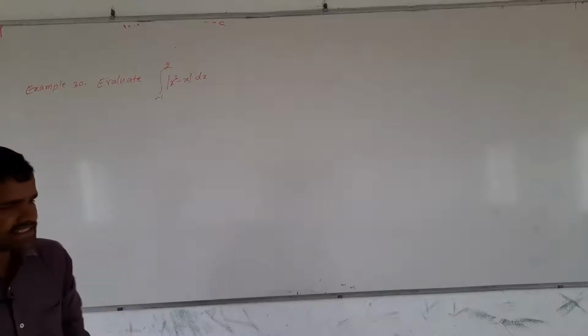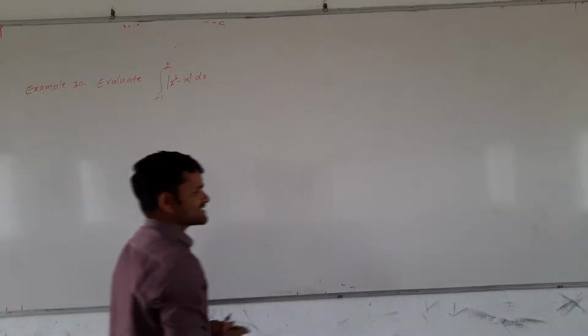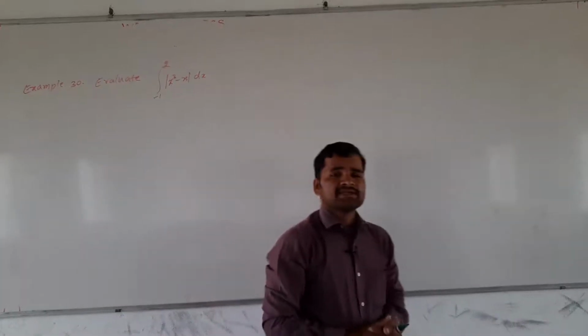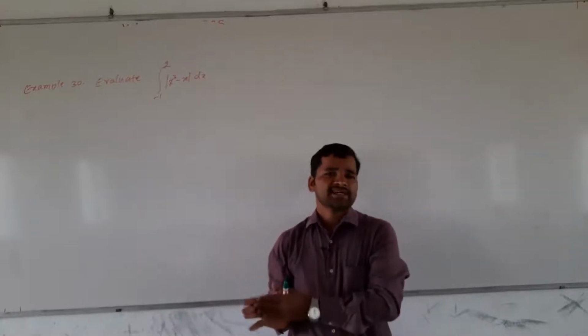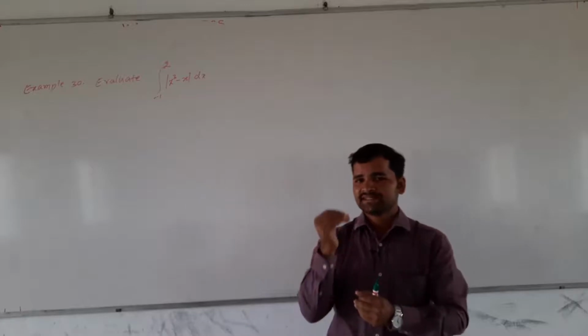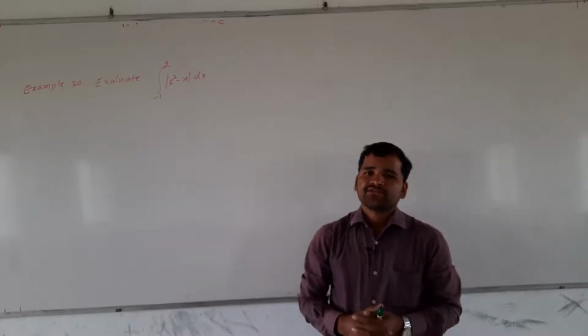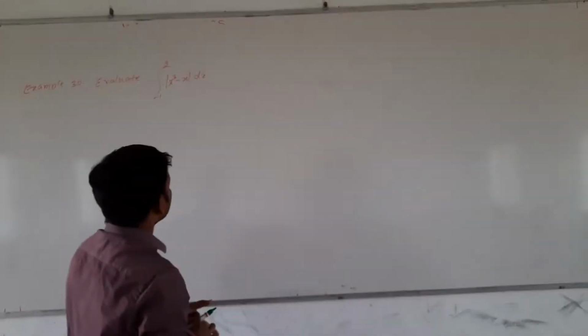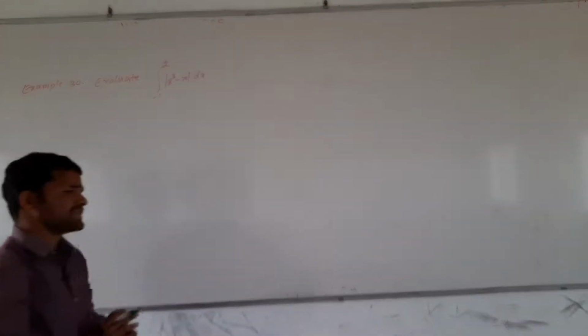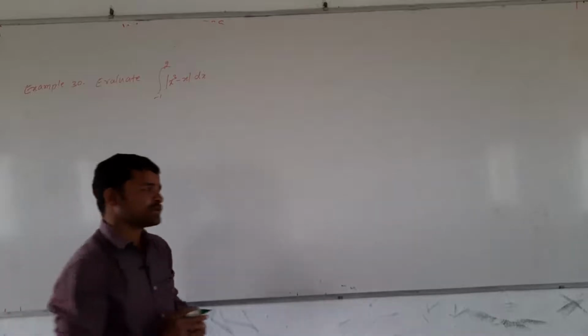Here integration of a modulus function is there. Integration of a modulus function we can't do directly; we need to convert it into algebraic form based on the conditions of that modulus function. First of all, I will explain what a modulus function is.